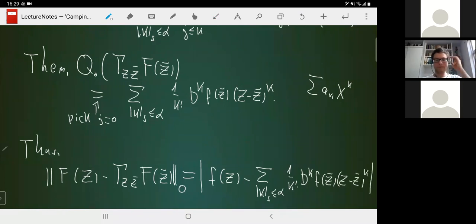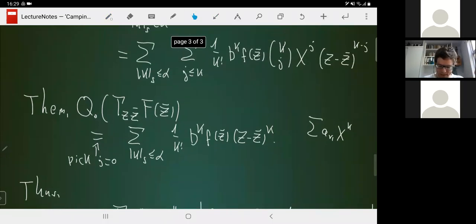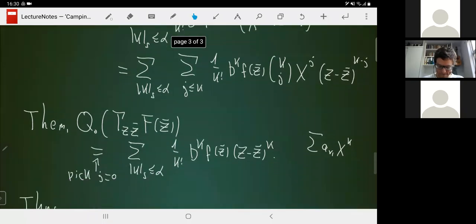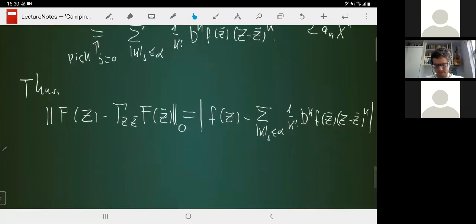So, modulus sign, this should be correct. Maybe I messed up with the sign here somewhere. I don't know. Yeah, maybe I messed up with the sign.